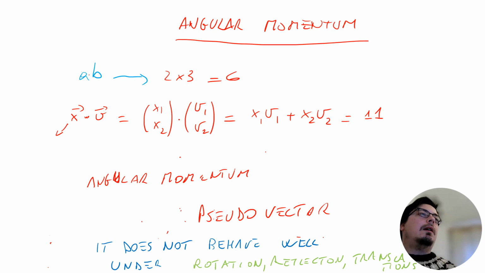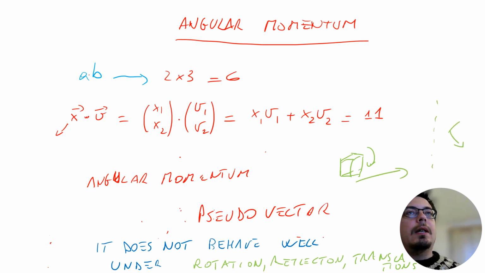Meaning that when we apply a rotation, so when we rotate the object, we move the object, or we reflect the object, like in a mirror, this vector here doesn't transform, doesn't move as velocity and direction, or acceleration, or other physical quantities.